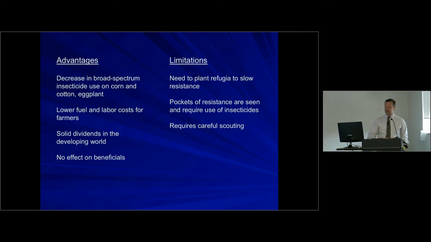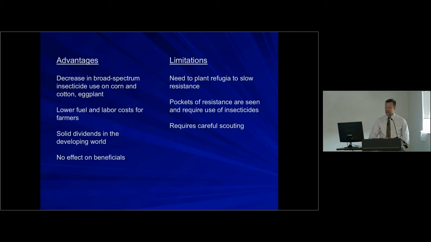The advantage to this is that you've seen a huge decrease in broad-spectrum insecticide use. It's something like 300,000 tons of broad-spectrum insecticide use on cotton in China in 2003, not used because of the Bt. It lowers fuel and farm costs for farmers and really had good dividends in the developing world, and again, no effect on beneficial organisms.